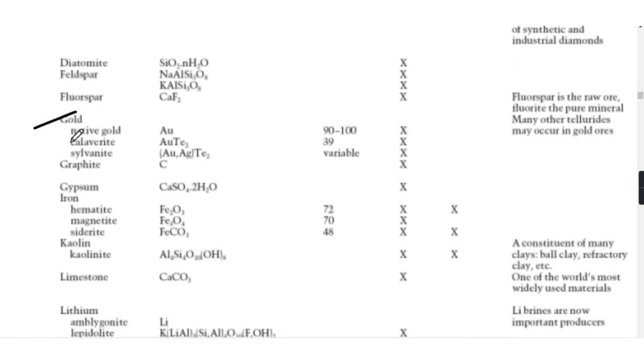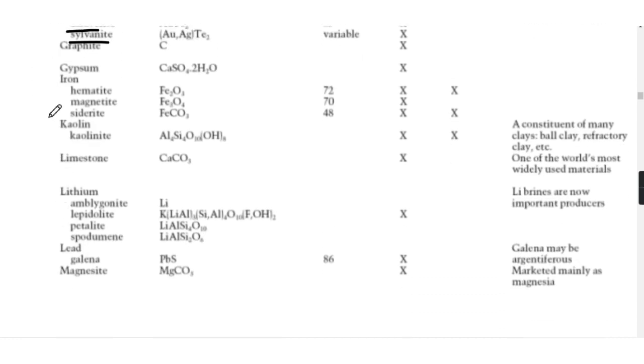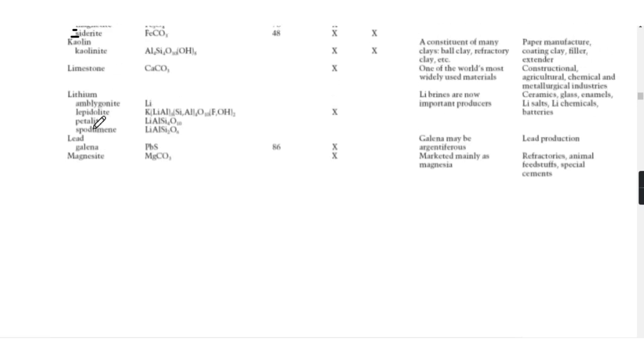Gold occurs as native gold or calaverite or sylvanite. Iron ore minerals are hematite, magnetite, siderite. So these are the important ores of various metals.